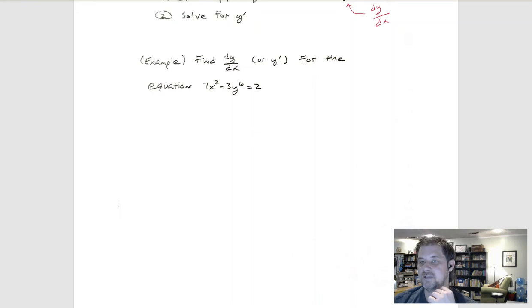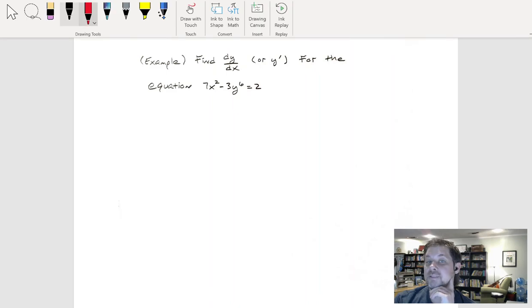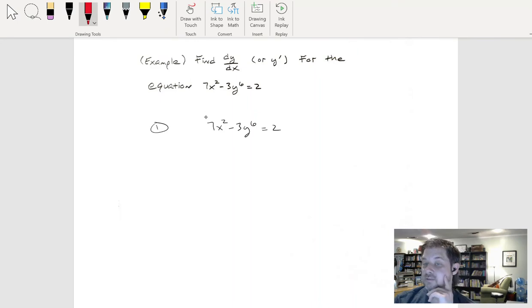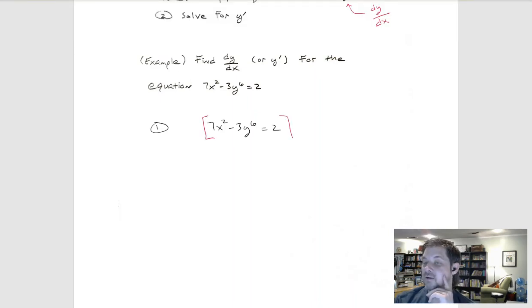This example says find dy over dx, otherwise known as y prime, for the equation 7x squared minus 3y to the 6 is equal to 2. All right, so I'll break that down into the same steps. So the first step was to take the derivative of every term on each side with whatever rule is appropriate, and you multiply all y derivatives by y prime.